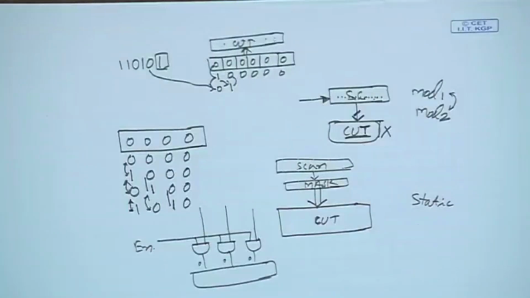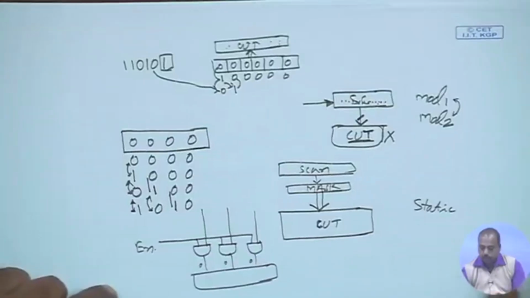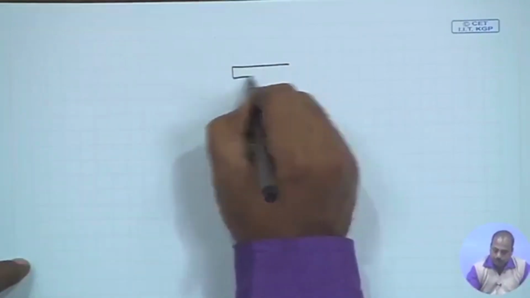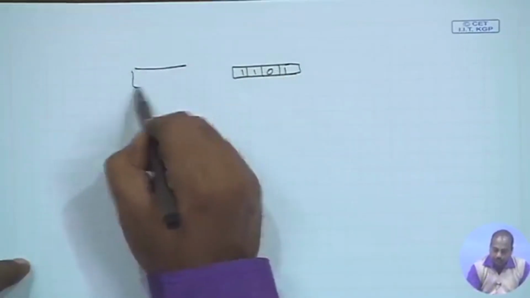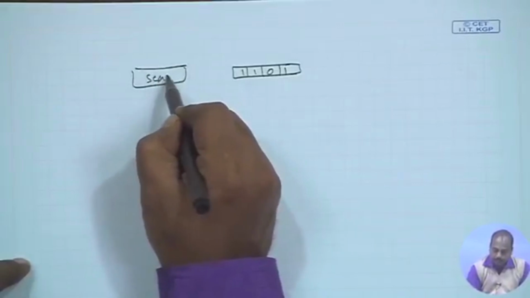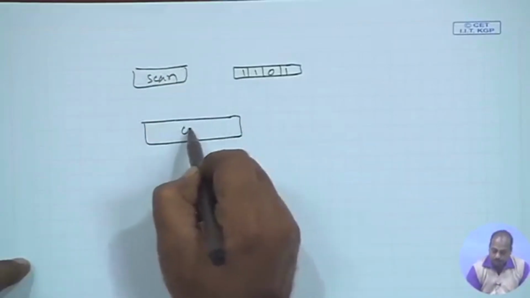Some input control pattern is there, and that input control pattern will be applied to the circuit. So, this situation is modified, like we have this input control pattern, that may be 1 1 0 1, something like this. Now, this is my scan chain, and this is the circuit.